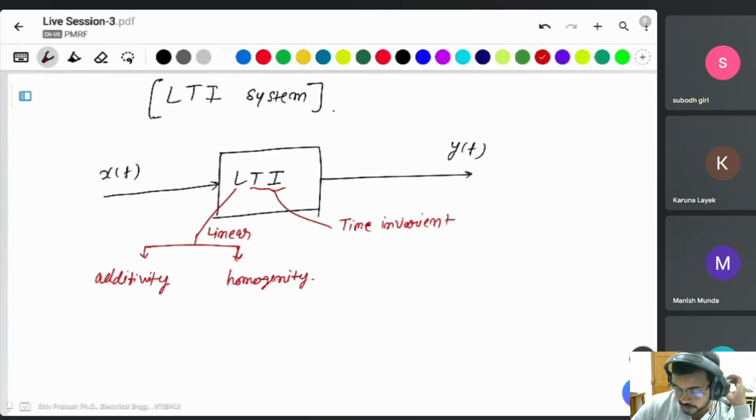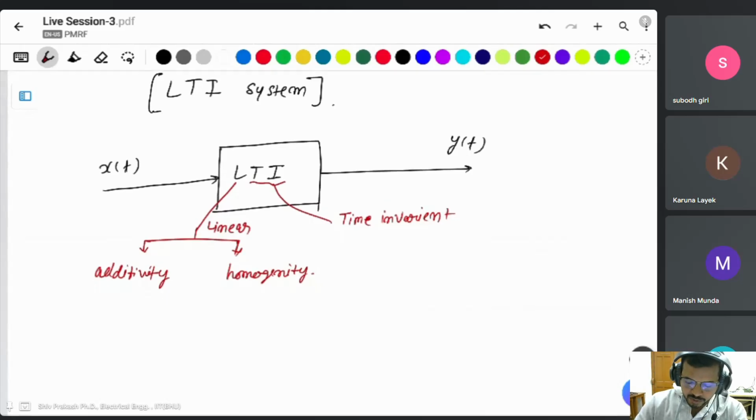The LTI system follows these things: additivity, homogeneity and time invariance. You give some input to the system, the LTI system processes it, and then gives some output related to this.